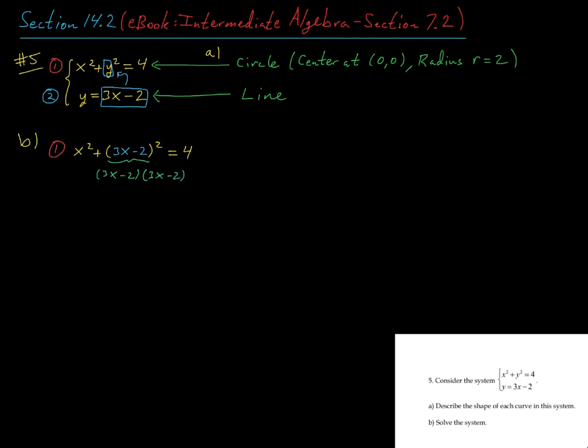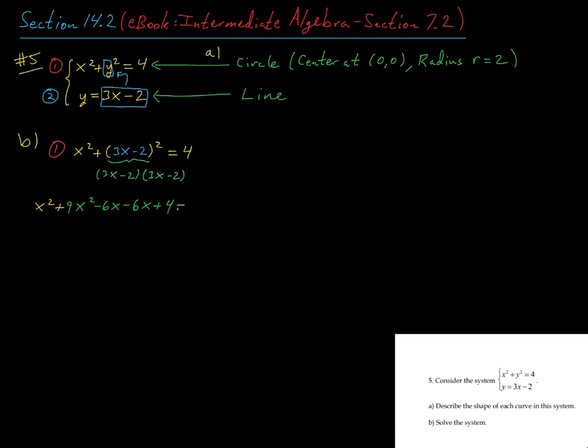So let's go ahead and multiply that out by distributing. So I'm going to get 3x times 3x, that's 9x squared. And then I'm going to get minus 6x, and then another minus 6x, and then minus 2 times minus 2 is a plus 4.